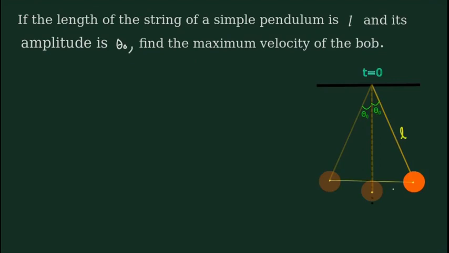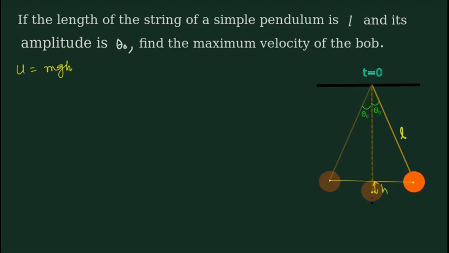When the bob is displaced by theta naught from its equilibrium position, it gains gravitational potential energy. If this height is h, then the gravitational potential energy is U equal to mgh. That is the maximum potential energy, right?